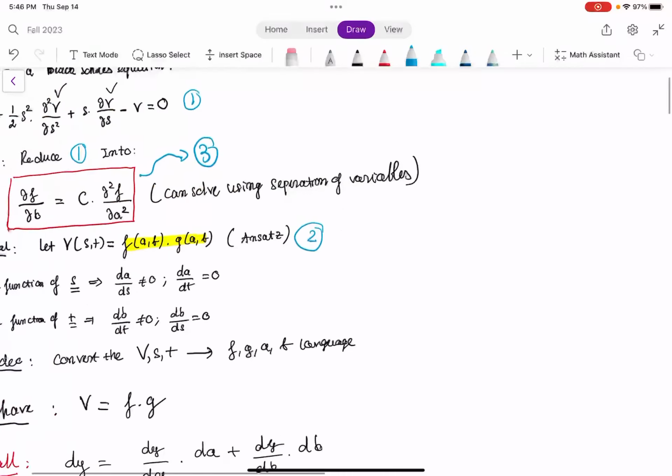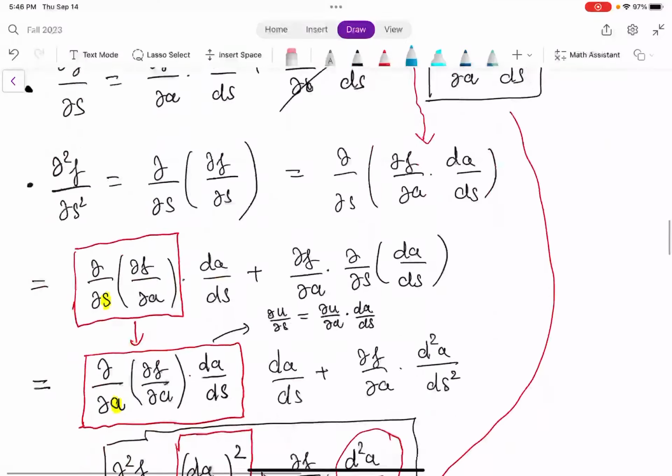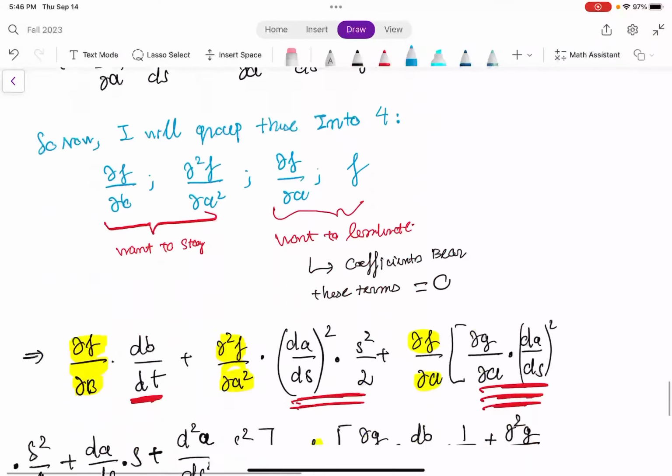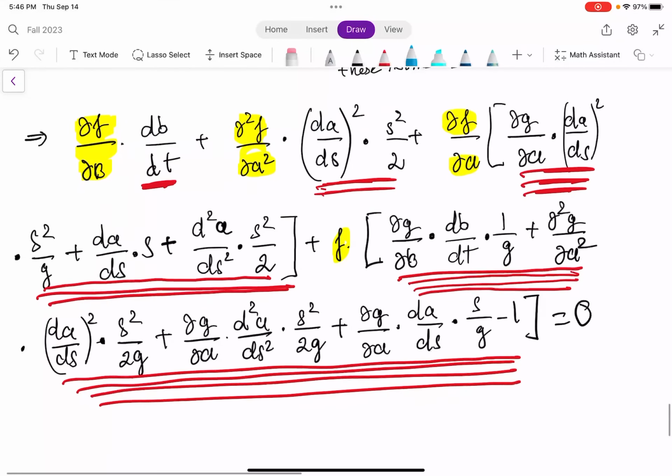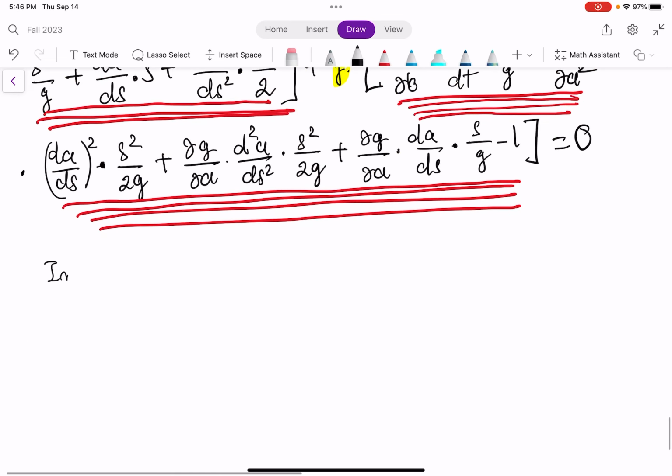Equation 3 only has partial f with respect to b and second partial f with respect to a. So after you group all these, if you want 3 to appear, four things have to happen.